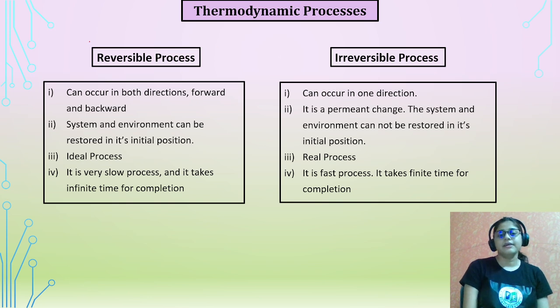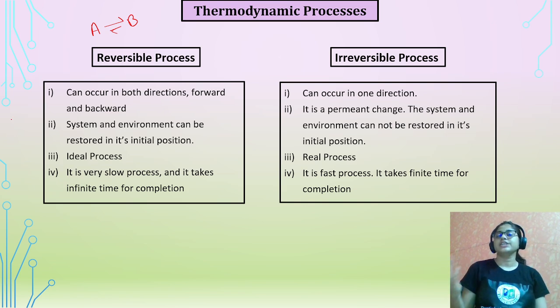Like if you say A to B is happening, this kind of double arrow will be used for the case of a reversible process, where A to B is going on, and at the same time B is also converted to A. When the rates are the same, the rate at which A is changing to B equals the rate of B changing to A, at that time we can say that the system is in equilibrium.